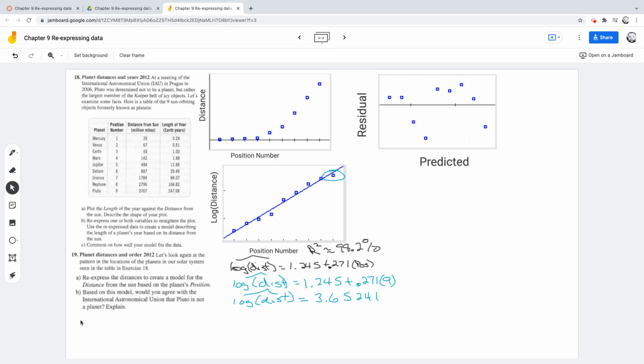It appears to fit the pattern, although Pluto's distance from the sun is a bit less than expected. Now, what they mean by that is it's a little bit below the predicted value. A model generated without Pluto doesn't have a significantly different or improved residual plot and doesn't have a significantly higher r-squared value or necessarily even a different slope.